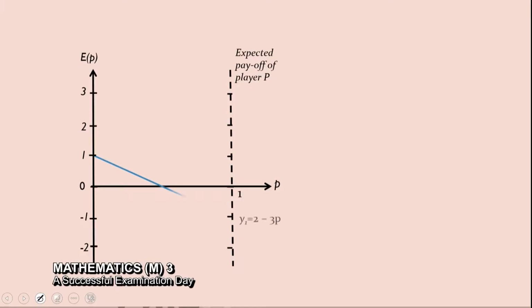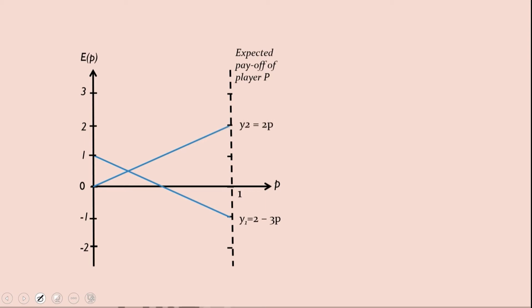We draw the graph of the expected payoff for player P. Line 1 represents the first expected payoff, line 2 represents the second expected payoff, and line 3 represents the third expected payoff.